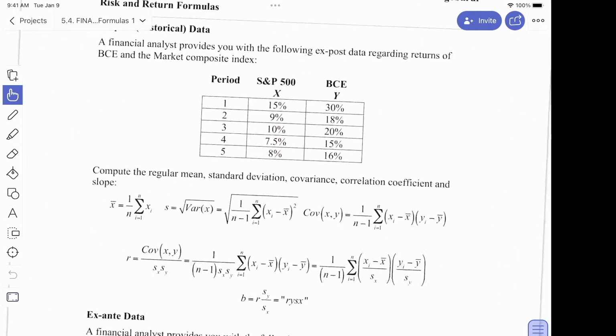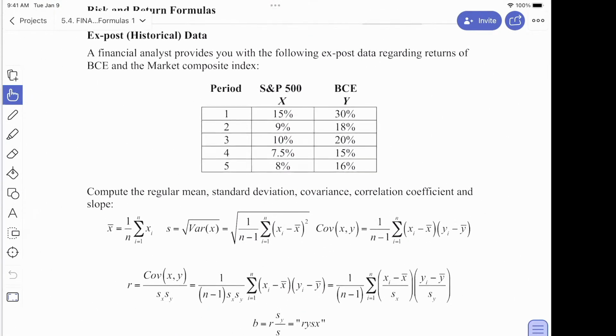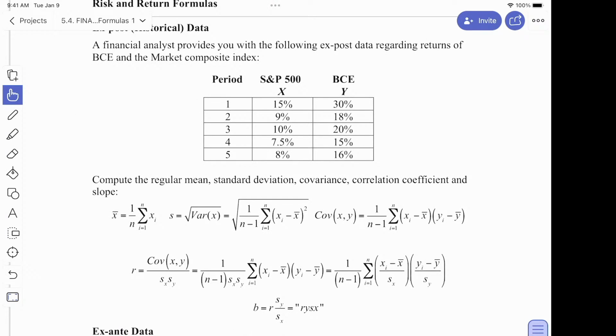Okay, this is better. So this should look more familiar to you. I'll wait a second for it to load. You see it? It's still open.